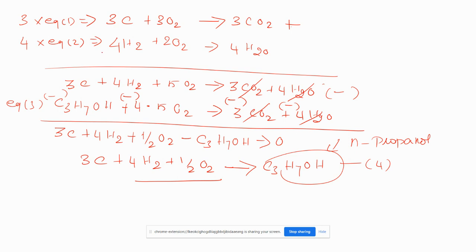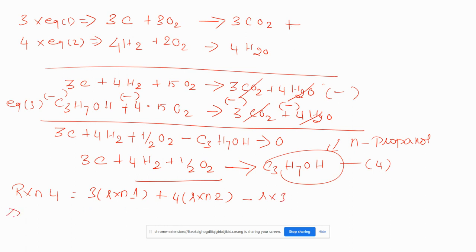Same way, 4 into equation 2 gives 4H2 plus 2O2 gives 4H2O. So now we have got it, and then we have subtracted from equation 3. So now how we have got this reaction 4 is equal to 3 into reaction 1 plus 4 into reaction 2 minus reaction 3.